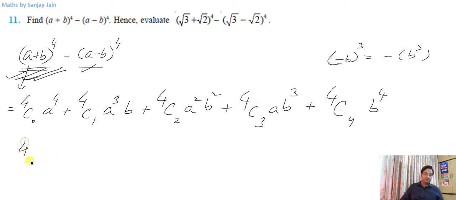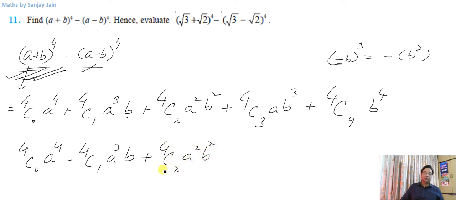So 4c0 a raised to power 4 minus 4c1 a cubed b. Why minus here? Because I have replaced this b with minus b. 4c2 a squared b squared, it won't make a difference here because (minus b) whole squared will be b squared itself. So minus 4c3 a b cubed plus 4c4 b raised to power 4.